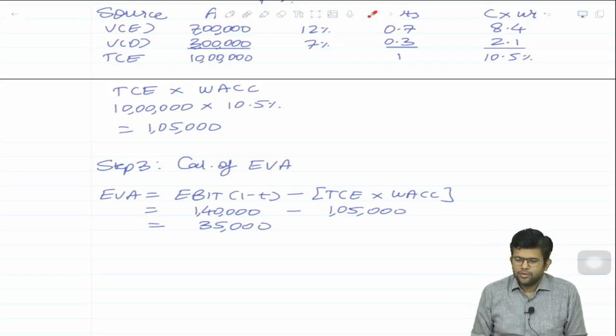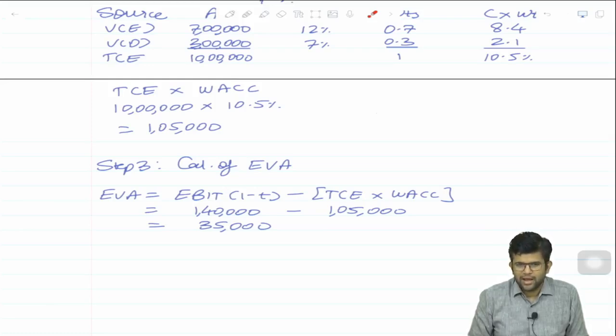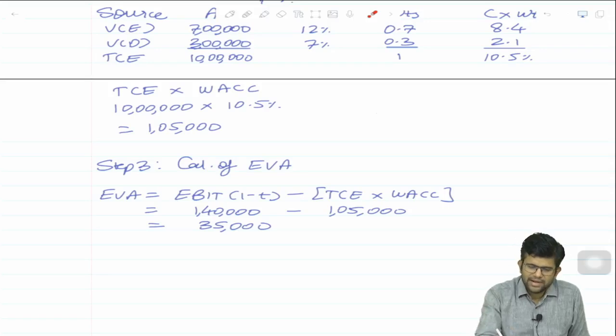Now, second point I want to tell you. Some students go ahead and tell their teachers that if you at all want before interest and after tax, then sir, ideally you should not do it like this.